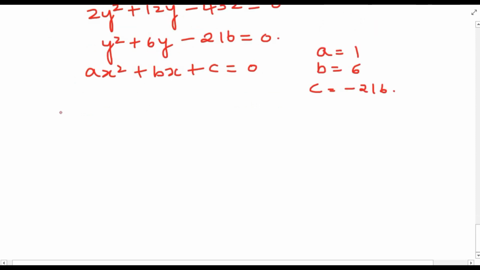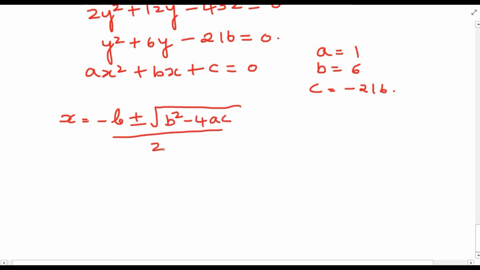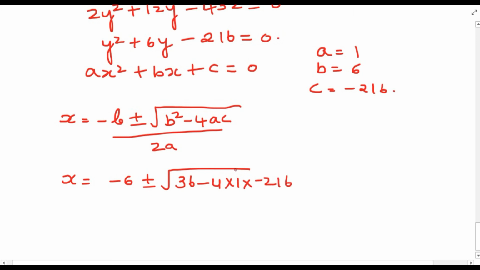Now we will substitute in the formula x equal to minus b plus or minus square root of b square minus 4ac divided by 2a, which is equal to minus 6 plus or minus square root of 6 square is 36 minus 4 into 1 into minus 216, divided by 2.